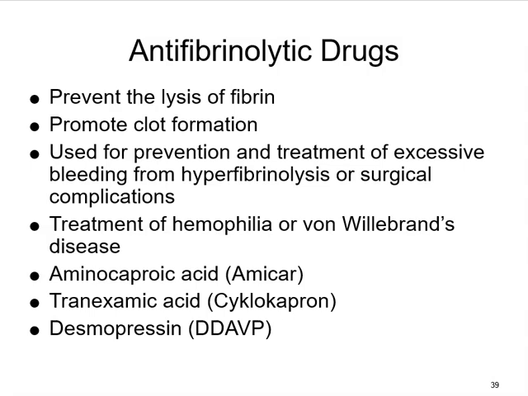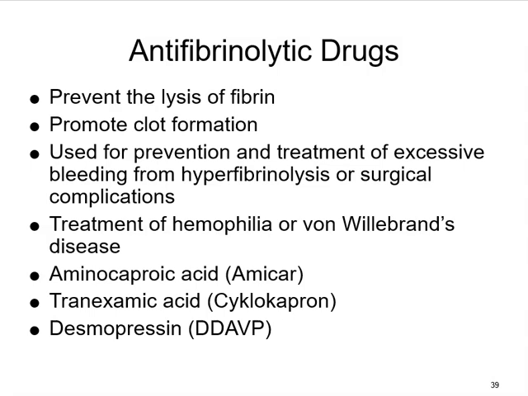Now, as we go into the next class of drugs, these would be the ones that work against fibrinolysis. So promotes the formation of clots. And these are very important for our patients who cannot make good stable clots, like hemophilia and von Willebrand's disease. And some of the drugs that you will become familiar with would be aminocaproic acid, tranexamic acid, and desmopressin.